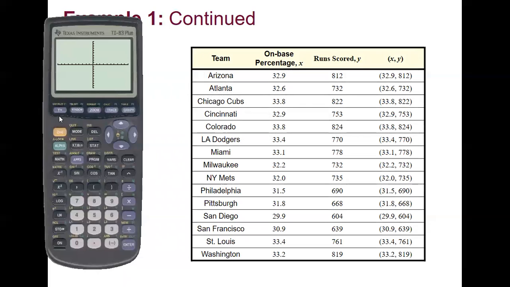So thinking about how we created our scatter plot, that means we had to change our window setting. So I know I'm at 0. And if I look at my x's, they go pretty high. So I'm going to max it off at 35, and I'm going to count by 5s.